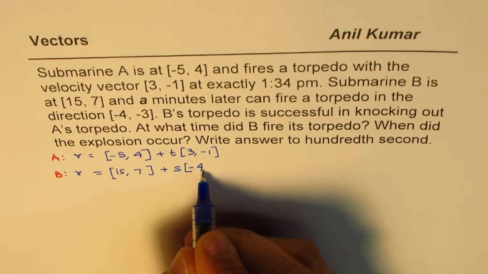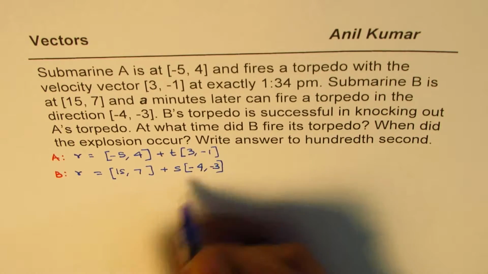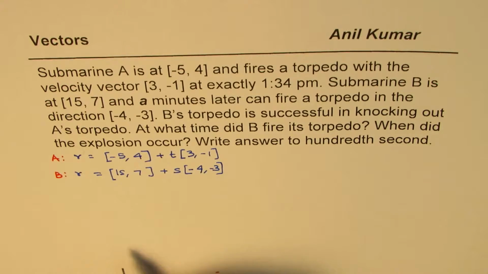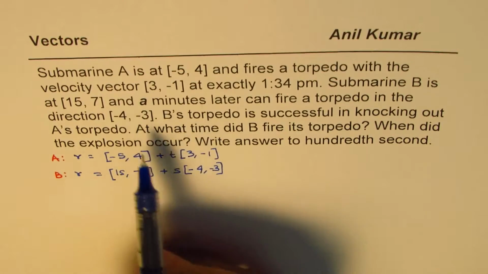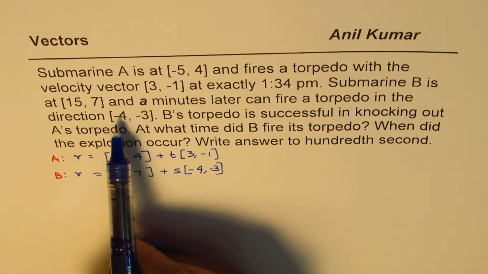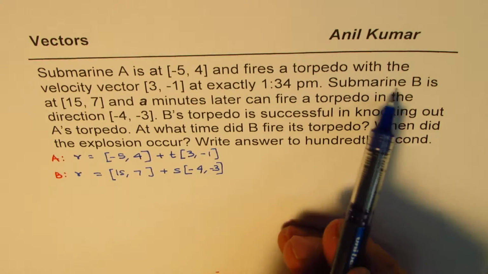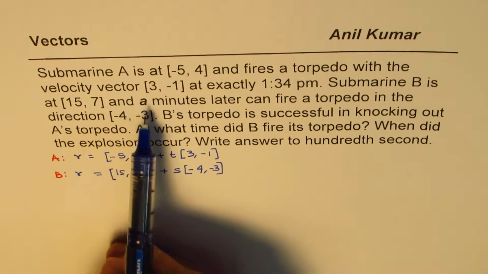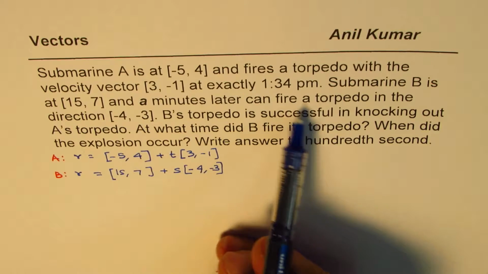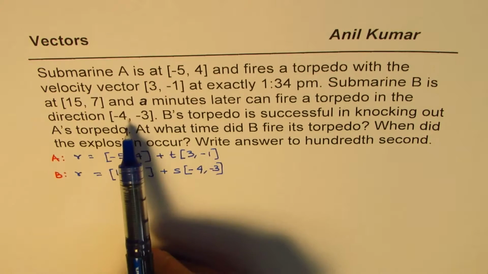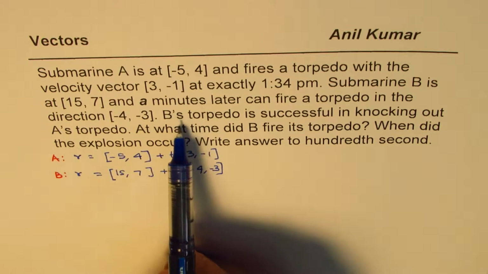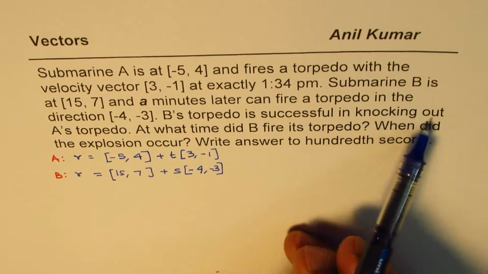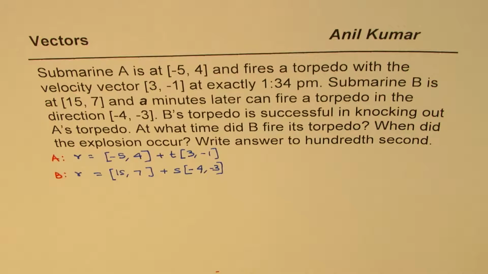Here it is important to understand that we are also given one more parameter: submarine B is at (15, 7) and A minutes later can fire a torpedo in this direction. B's torpedo is successful in knocking out A's torpedo. That means they have a point of intersection, right?